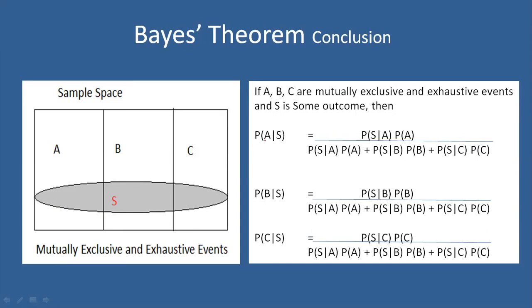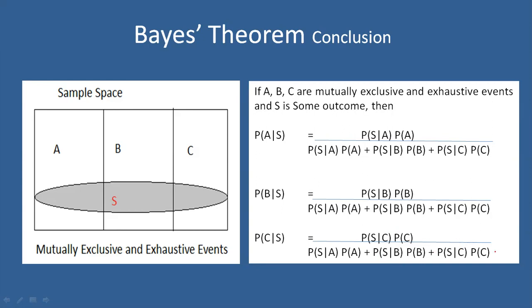Then P of A given S equals P of S given A into P of A by the probability of all the events. Similarly, P of B given S equals P of S given B into P of B divided by the probability of all the events. And P of C given S equals P of S given C into P of C by the total probability.